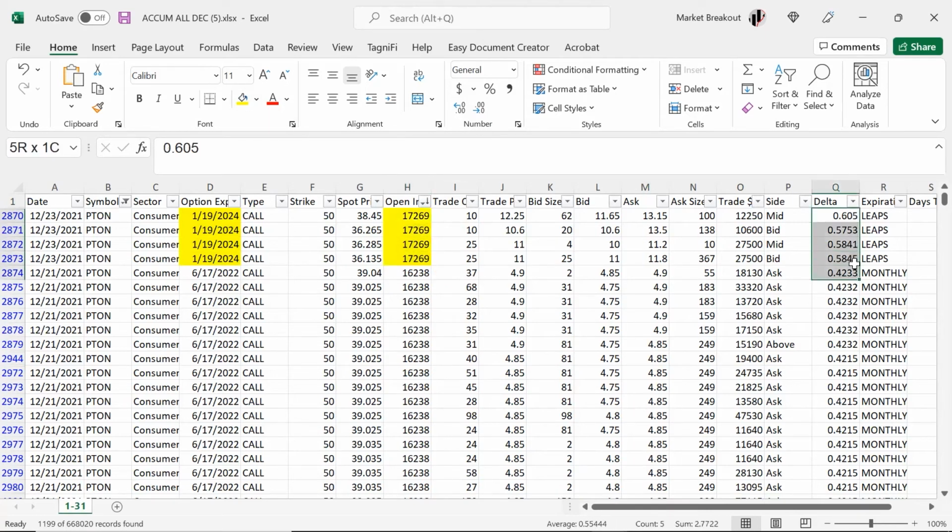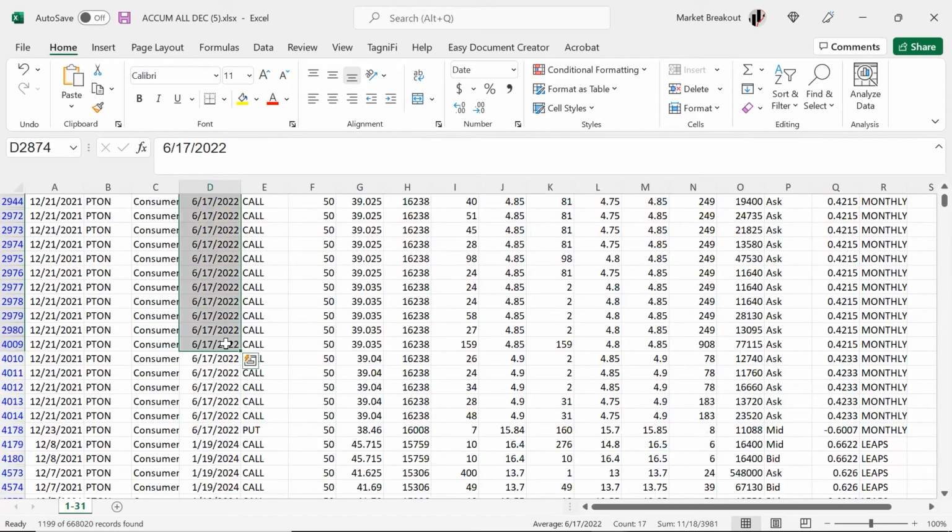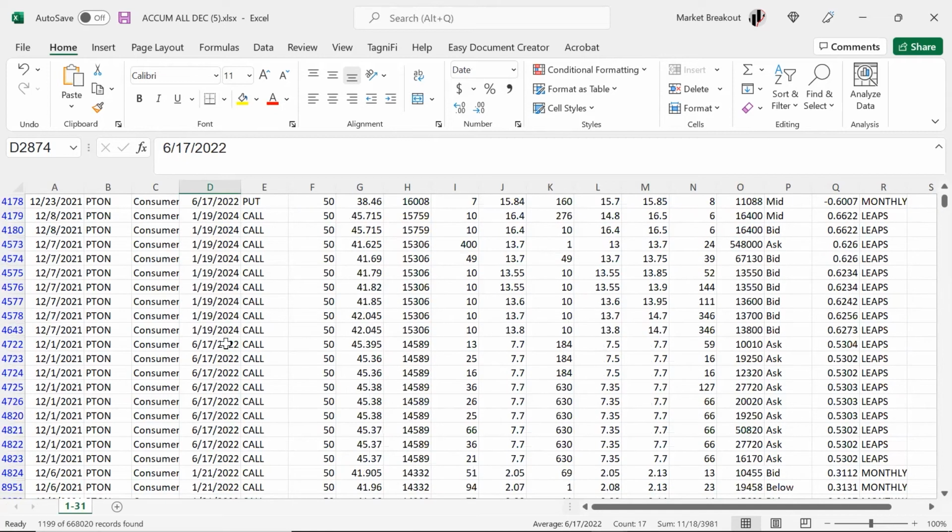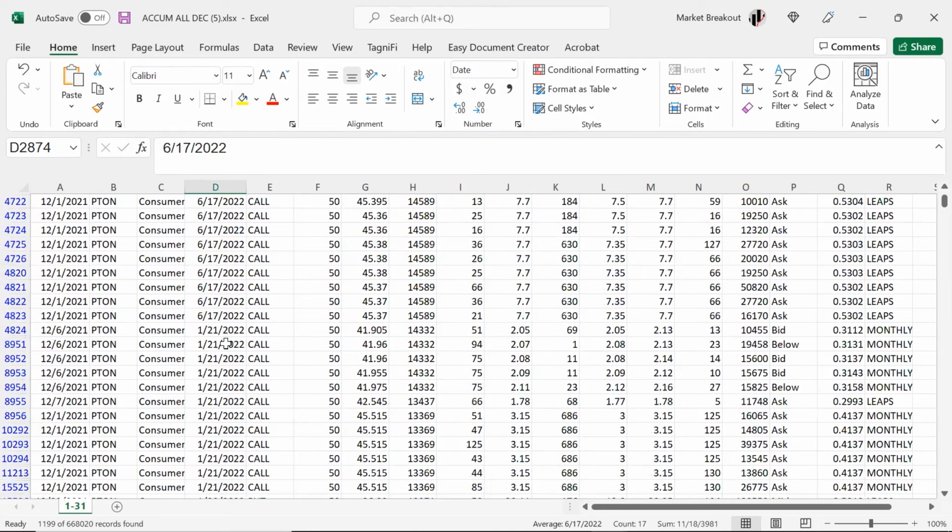Oh, this is not bad. This is interesting. PTON, 5,050 trade quality more than open interest, and January safety delta 0.6. Yeah, we can look at this.